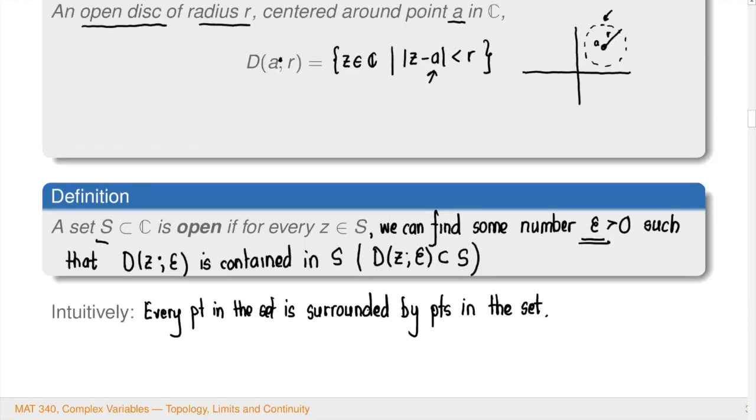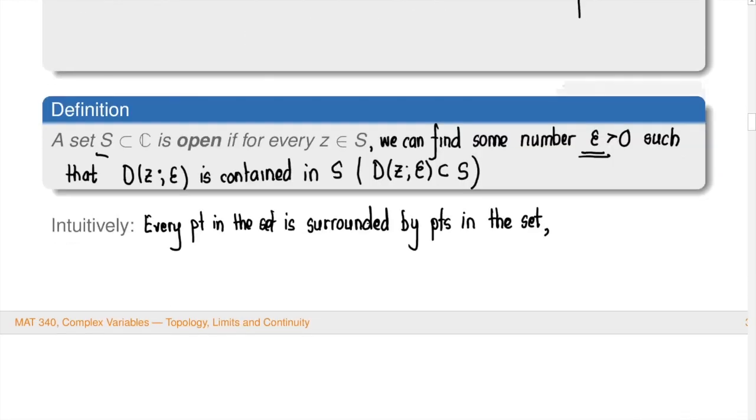In our language here, even though we have not defined it, an open set cannot have boundary points. Sometimes people say there's wiggle room or elbow room, so each point has some elbow room.